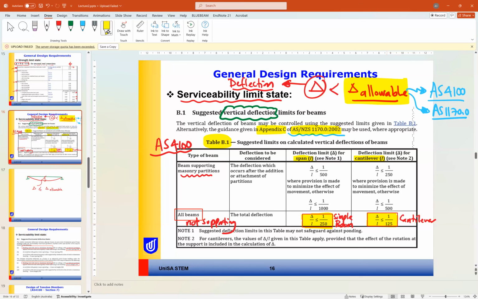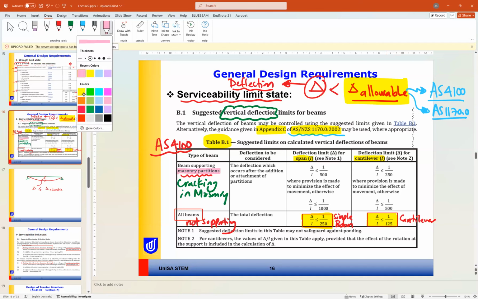If the beam is supporting a masonry partition, we are worried about cracking in the masonry, so that's why the deflection limits are reduced. The deflection limit here is span over 500 for a simple beam, and for a cantilever span over 250.